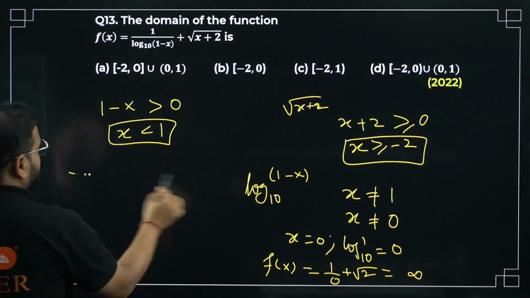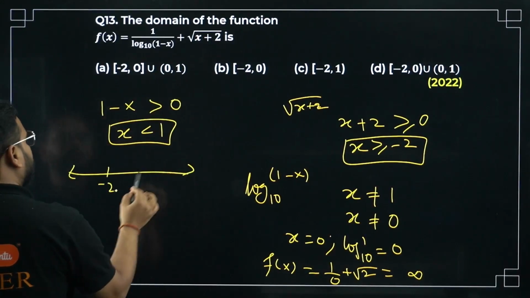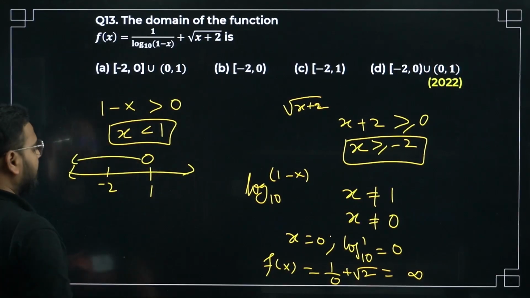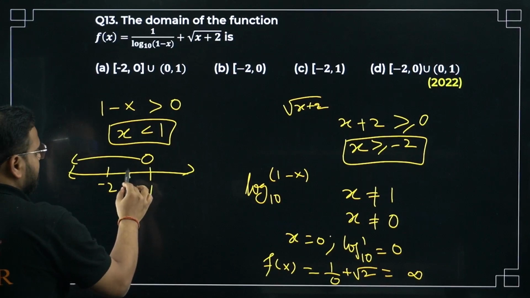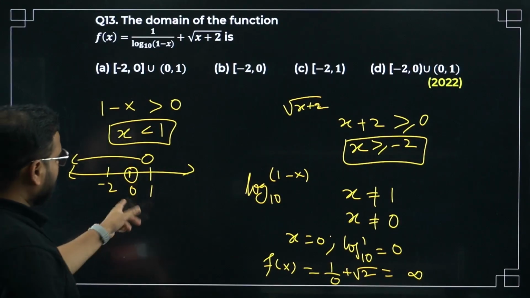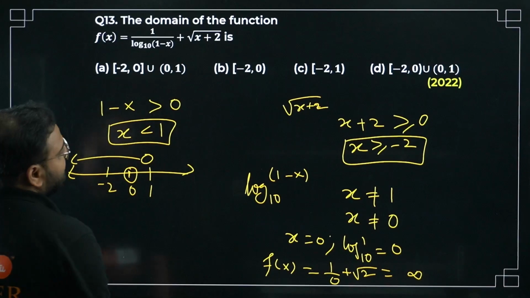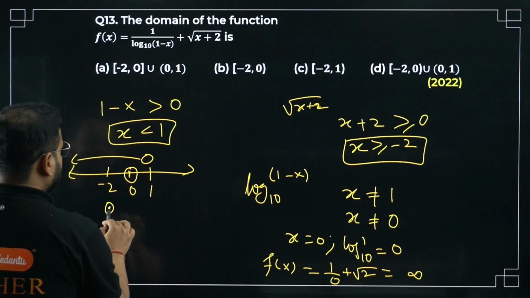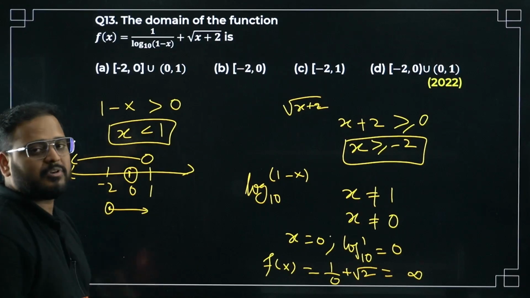Now take the number line. Minus 2 here, 1 here. Less than 1 with an open. Here somewhere will be 0, right? 0 is also open. So 1 I can't take, 0 I can't take. And it has to be greater than minus 2, so from here it is closed. It has to be closed on this side. What is the answer going to be?